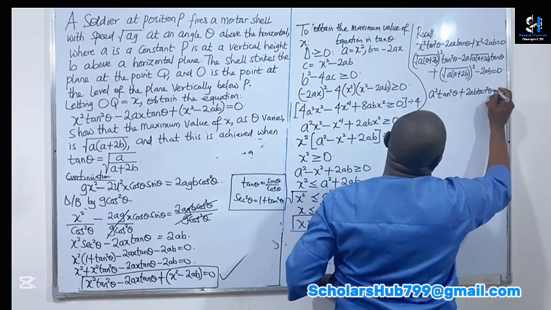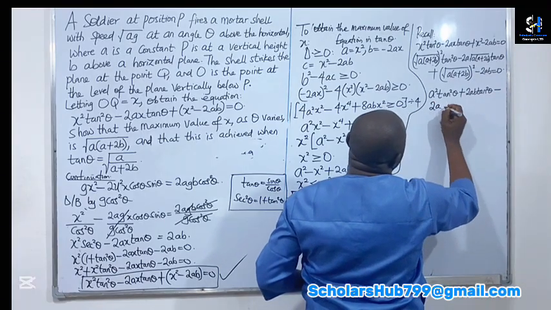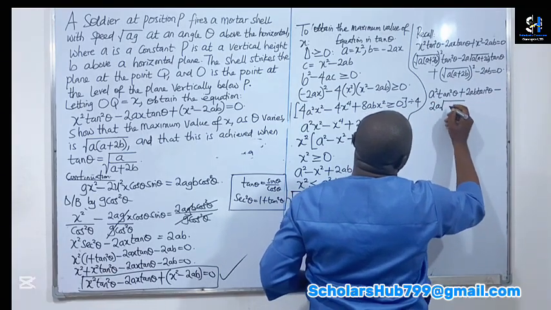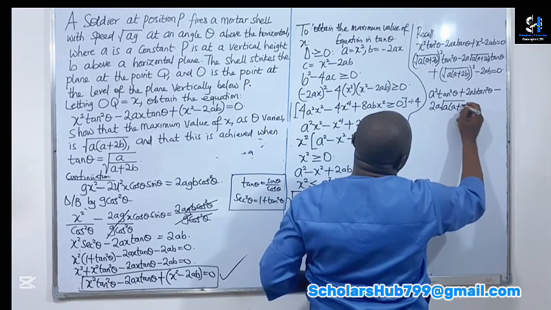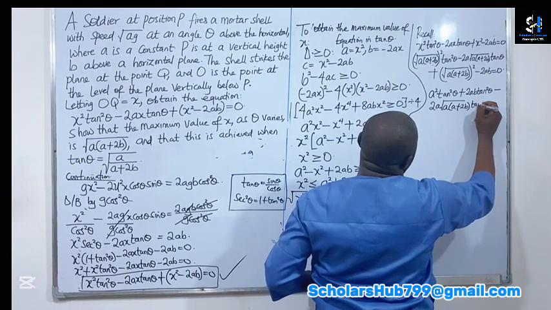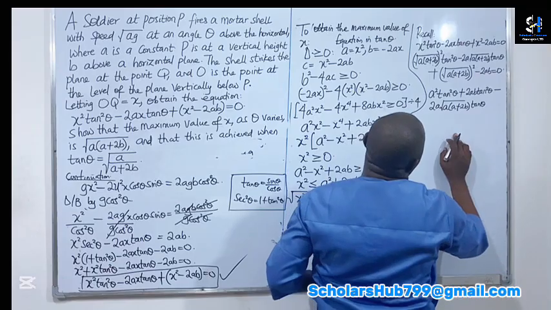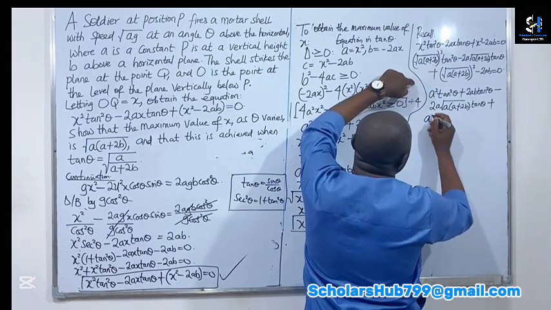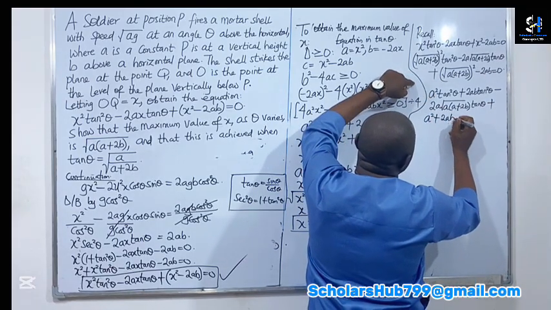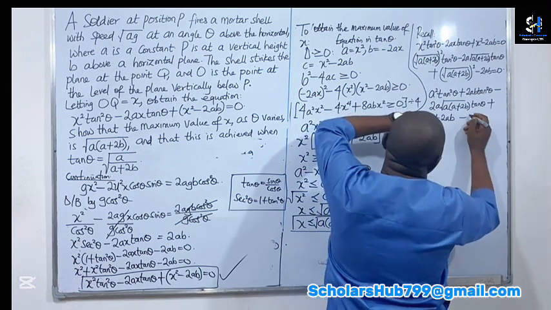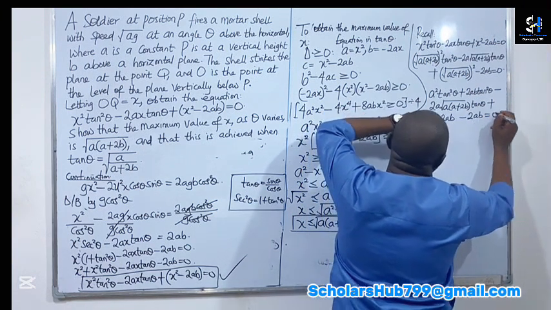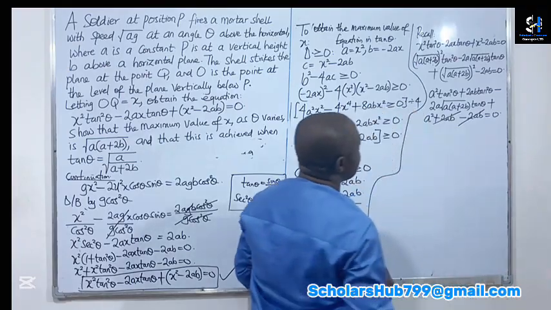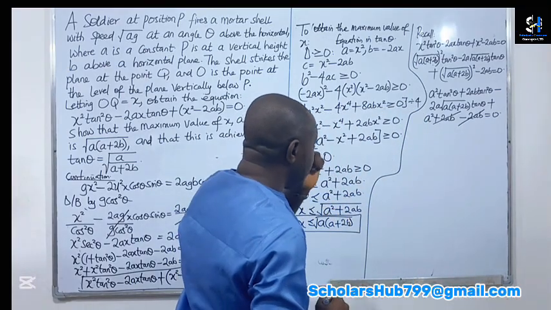Then in this case, minus 2a root a into a plus 2b tan theta. This will disappear, so this will be plus a squared plus 2ab, then minus 2ab equals 0. 2ab minus 2ab, that will be 0.